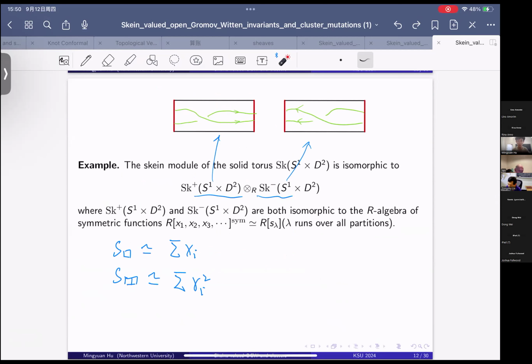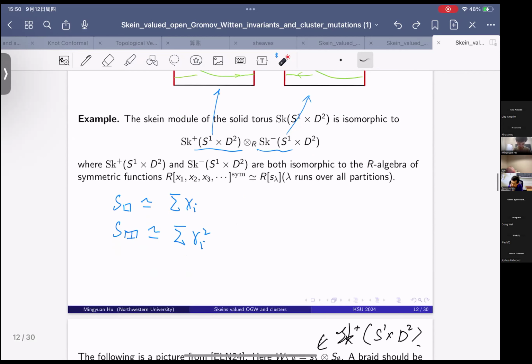So you take the limit. Do you see a geometrical or topological way to see how the irreducible representations of GL_N actually appear, or act on these skein modules? For that part, I probably don't really know this, sorry.